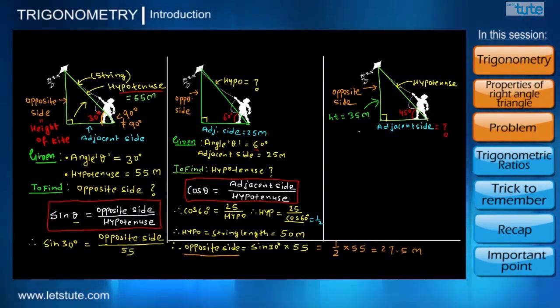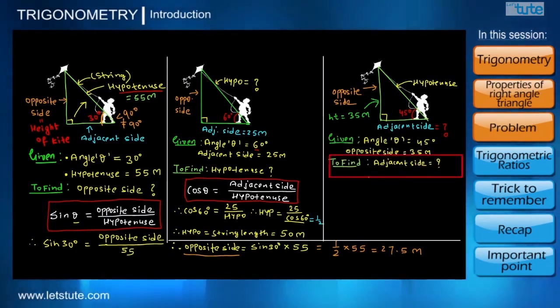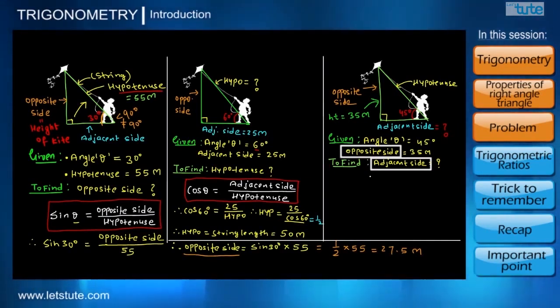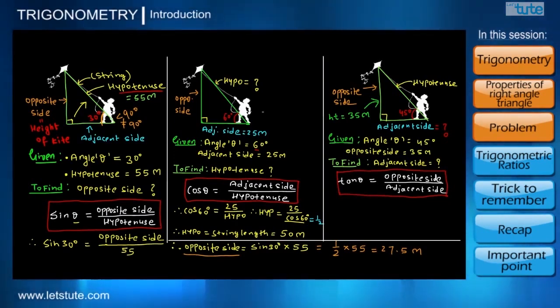So in the cases where we know the angle and the opposite side and we want to find the adjacent side, remember that when the problem deals with finding the adjacent side or opposite side and one of the values is given, then for the given angle we use the formula tan theta is equal to opposite side upon the adjacent side. Since theta is 45 degrees, in this case I can write tan 45 is equal to 35 upon the adjacent side.